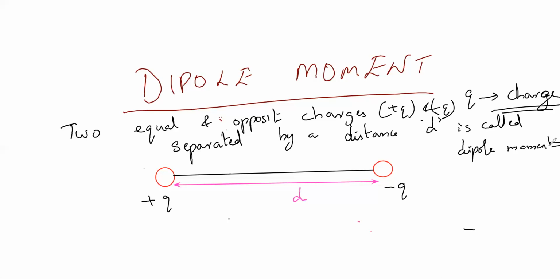So guys, I'm teaching you how to study now. I'm not just here to teach. I want to make sure that whatever I teach stays in your mind forever. So the first step is what? Draw two charges. Put plus q, minus q. Put a distance d. That's it. These two charges should be equal, one plus and another minus, separated by distance d. This is called what?